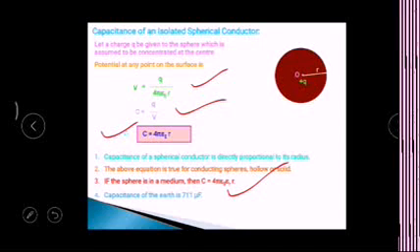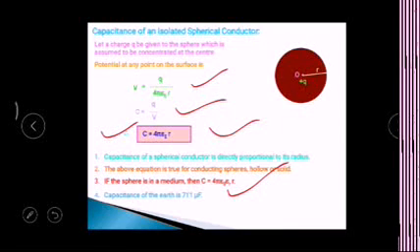By putting the value of the radius in this formula, we can calculate this. So capacitance cannot be increased beyond a value by increasing the size, because such a large conductor is not feasible on Earth's surface.